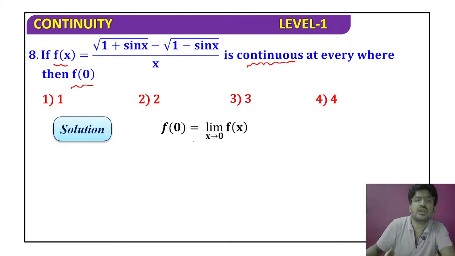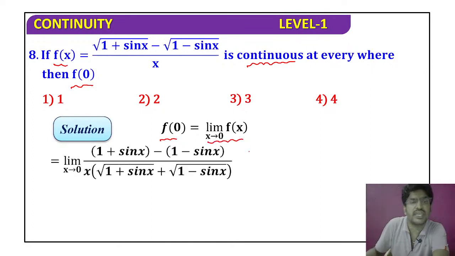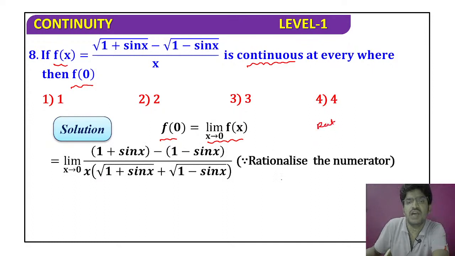See, they have given continuous, so therefore f of 0 must be equal to limit as x tends to 0 of f of x. So next you can just see, I will rationalize the numerator. So therefore I will get 1 plus sin x minus of 1 minus sin x. Okay.